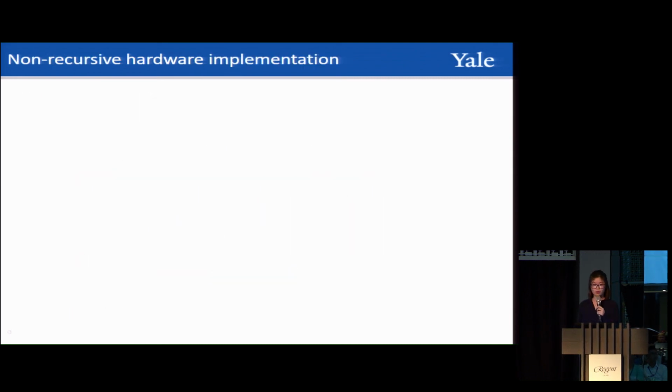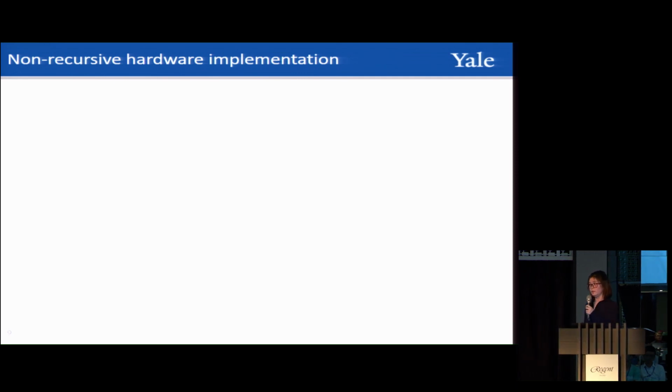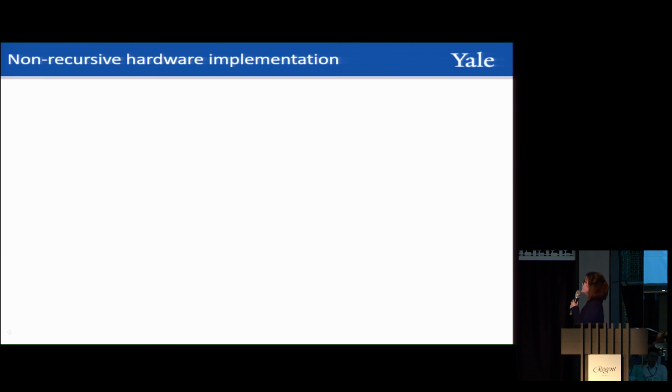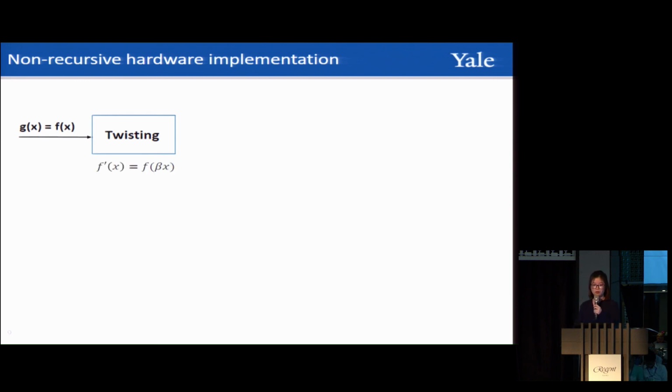So how do you actually do it in hardware? In software, we can easily do it in a recursive way, but that's not the case for hardware, because recursive implementations are very expensive. So we provided a non-recursive hardware implementation for additive FFT. Once given the Goppa polynomial, you first feed it into the twisting module, which maps to a vector scaling operation.